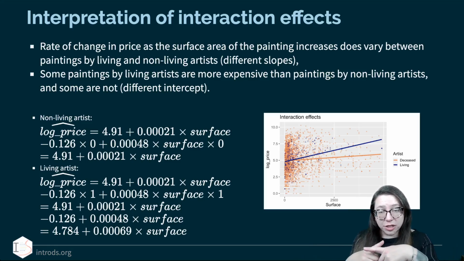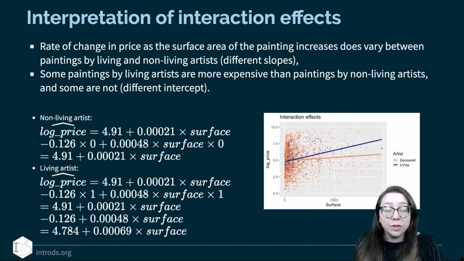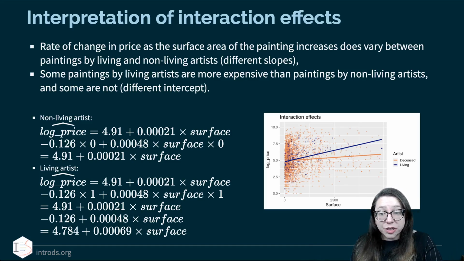So these lines actually intersect at some point, and which one is higher or lower in terms of those purple and orange lines varies. So what we can do here is again do that mathematical solving for the model. And we're doing exactly the same thing as we did before. For non-living artists, we're plugging in a 0, and for living artists, we're plugging in a 1, okay?